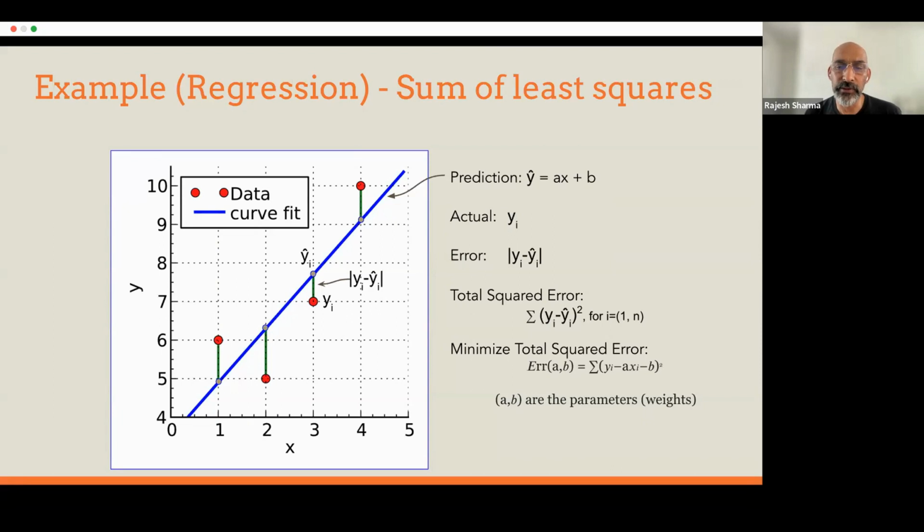Minimizing in mathematics, you do by differentiating and setting that value to 0. And as you add more data points, this equation becomes a large summation of squares, and you would differentiate that and then solve for those a and b parameters. So a would be the slope and b would be the intercept. And that's basically how you solve for linear regression.